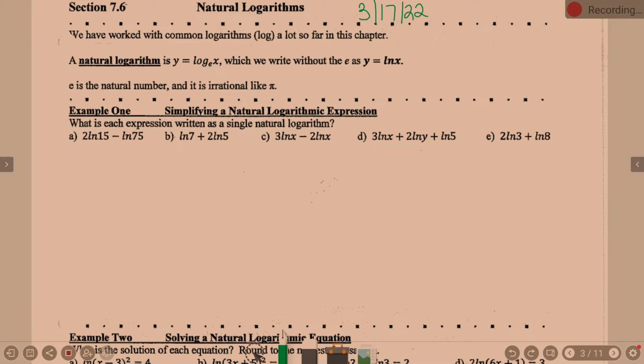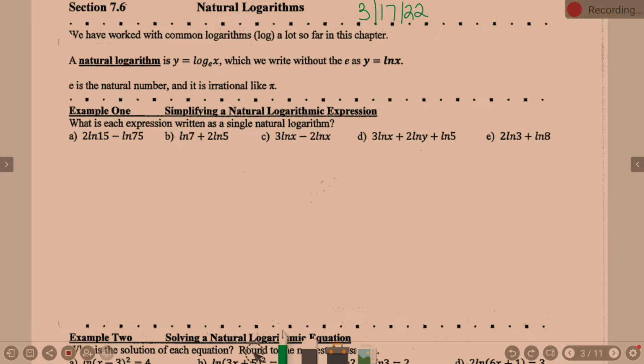But today we're talking about natural logs. I mentioned natural logs a little bit earlier, somewhere back in the beginning of the chapter. But a natural logarithm is basically log base e. And if you recall, there's an e button on your calculator, right? Okay, so a natural log is log base e.